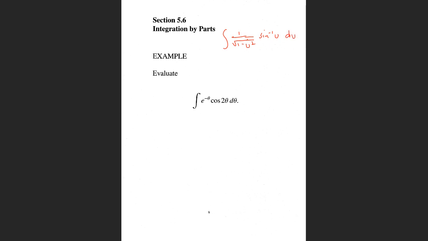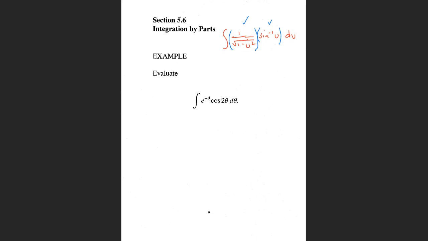So these were your two functions, one function times the other. Does the arc sine of u have a relationship with the function 1 over the square root of 1 minus u squared? There is, absolutely.